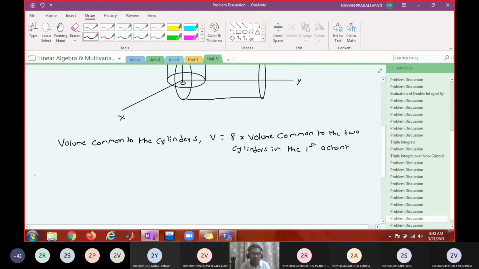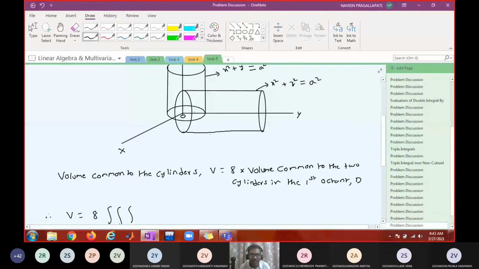Let us say the volume that is there in the first octant is D.